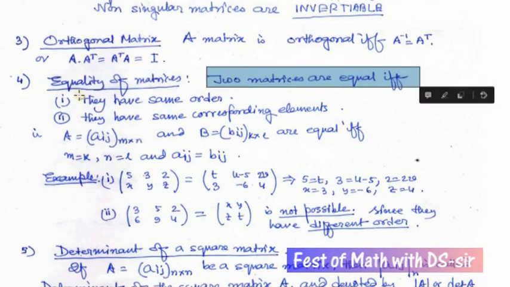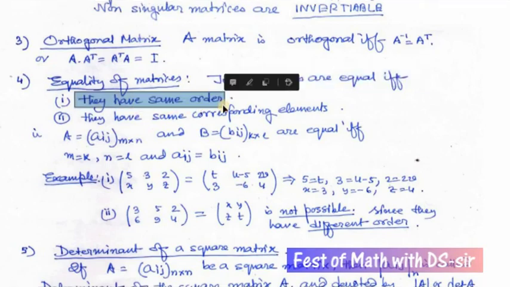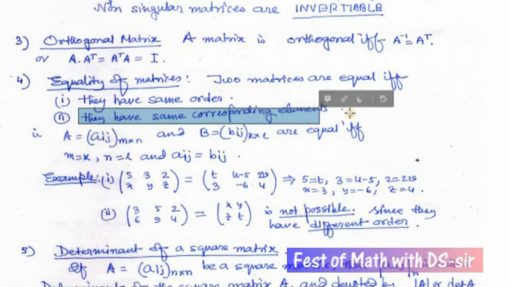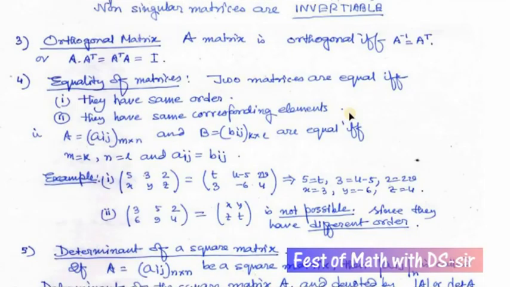Two matrices are equal if they have the same order first. In the case of determinants, this condition was absent because only value was considered. Second, they have the same corresponding elements. That is, the A11 element must be equal to the B11 element, the A12 element must be equal to the B12 element, and so on.